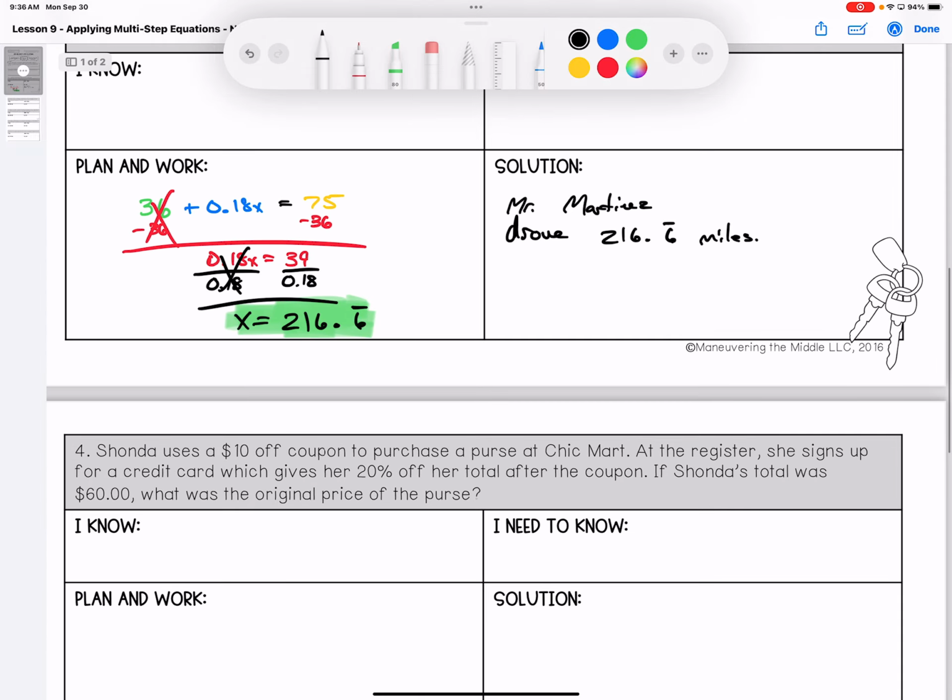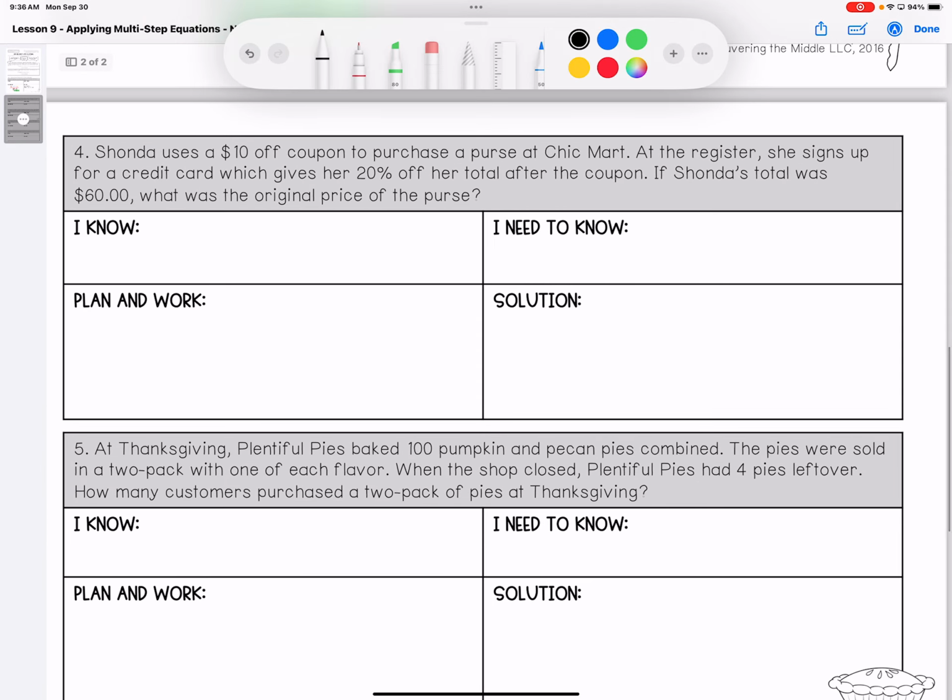All right, beautiful, beautiful. Here we go. Shonda, you know Shonda. Shonda uses a $10 off, so that's probably 10 minus, wouldn't you think? So let's highlight 10 off. That's probably minus. All right. To purchase a purse at Chick Mart. That sounds like a chicken place.